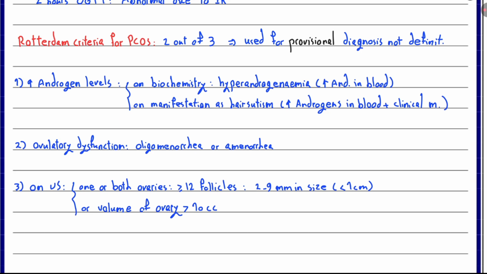This condition is also known as hyperandrogenemia. Yes, and also on the manifestations, these high concentrations of androgens can lead to some manifestations such as hirsutism. What is this hirsutism?